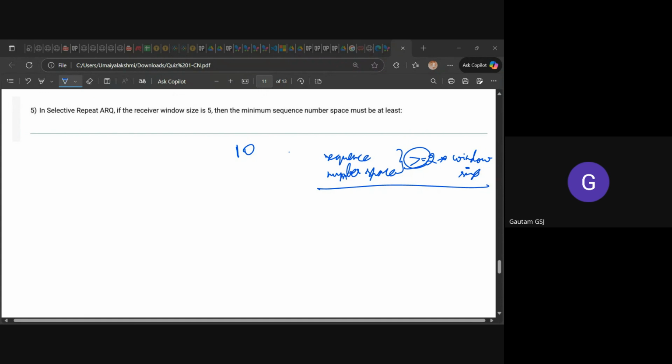See, if N is small, then an old frame from the previous cycle may reach with the same sequence number as the new frame. It will confuse the receiver, which might mistake the old transmitted frame for the new one. That's why you take greater than or equal to 2 times the window size. That explanation is given in the lectures, so you can watch them; it will be helpful. Okay, thank you.